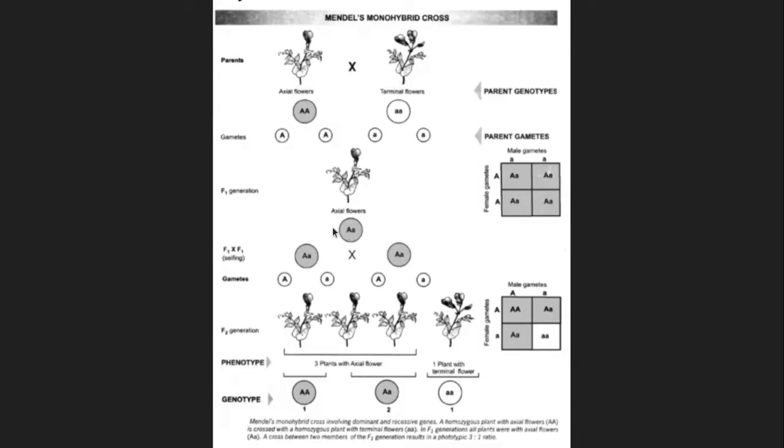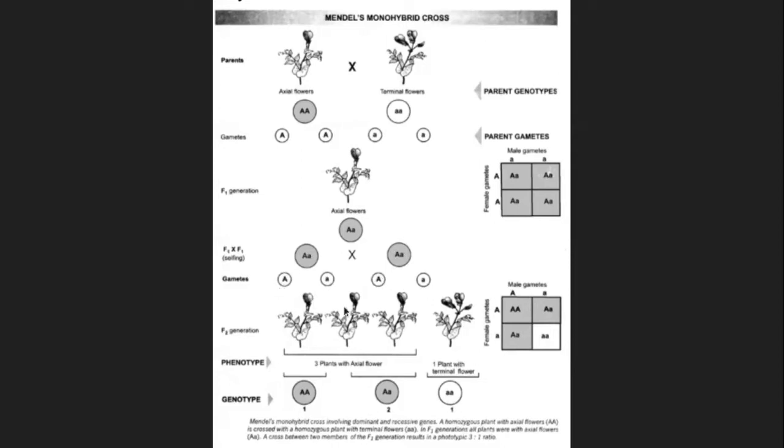So from the F1 generation, the self-pollination was done. Self-pollination means the same alleles were crossed. Here, because the alleles are different, one parent will produce capital A and small a, and the other parent will also produce capital A and small a.